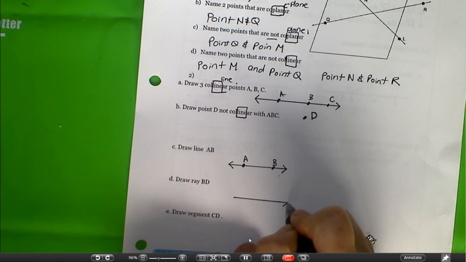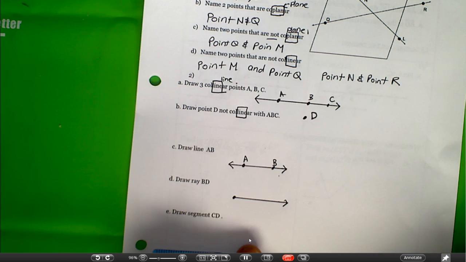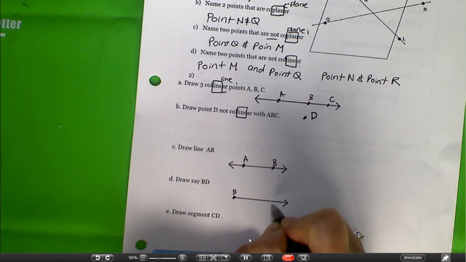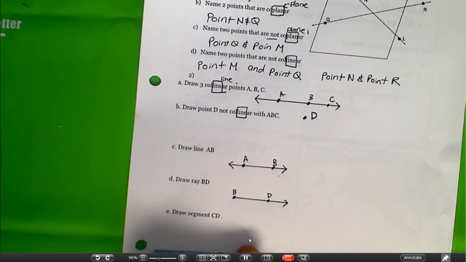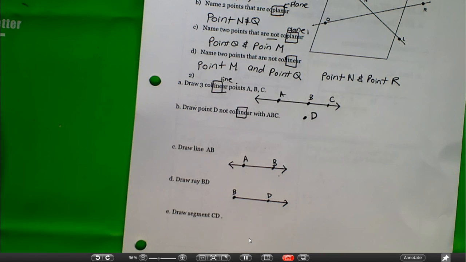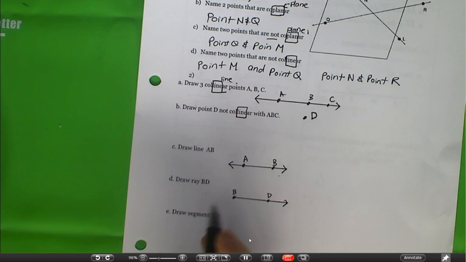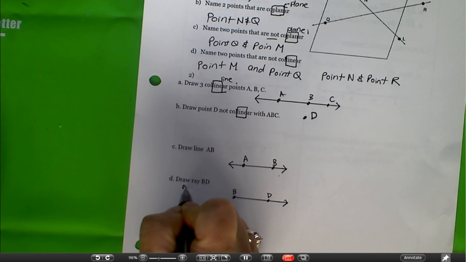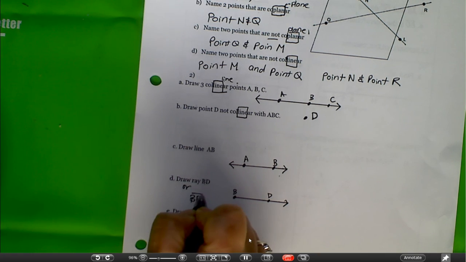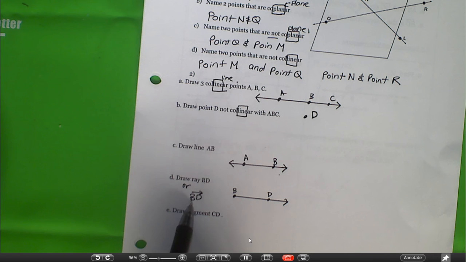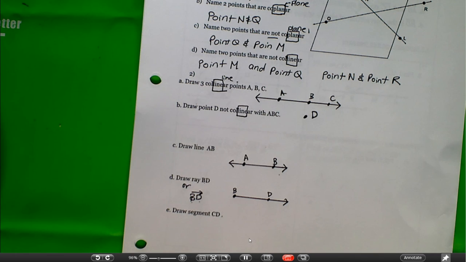First, I'm going to draw a ray, and I'm going to call it B, D. And that's ray BD. So you could see the point is at B and the arrow has to be at D.